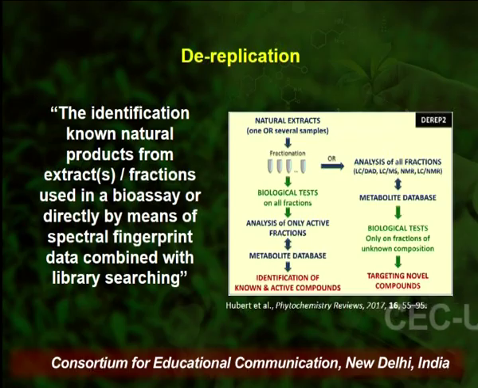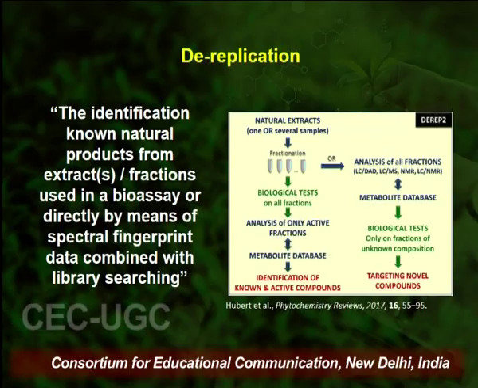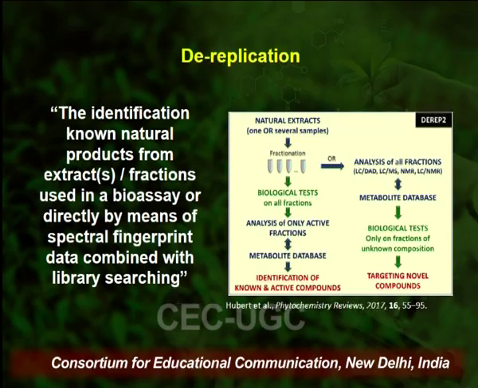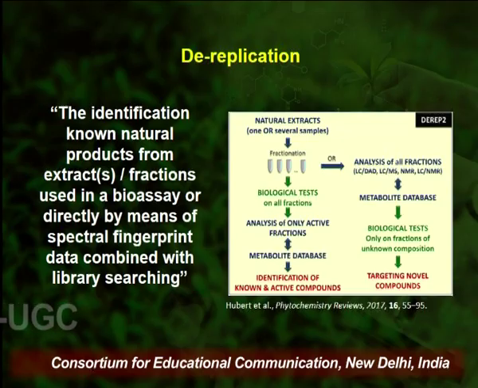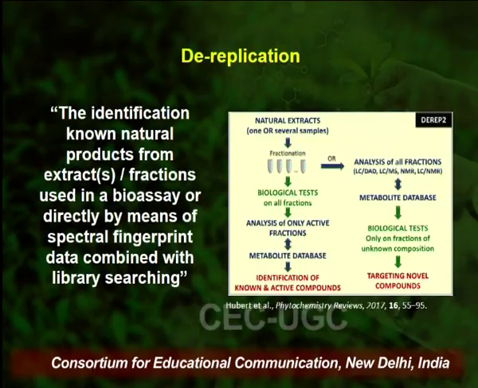Now, dereplication is the identification of known natural products from the extracts or fractions that are used in the bioassay, directly by means of spectral fingerprinting or combined with library searching. So in this, we screen the extracts or fractions. Suppose you are evaluating an extract against a specific activity.